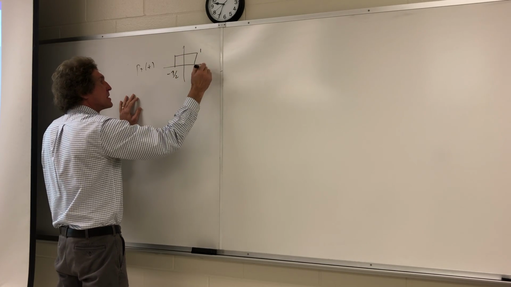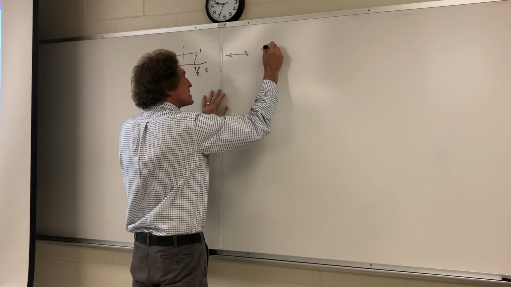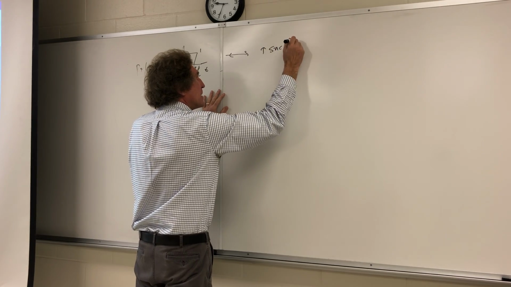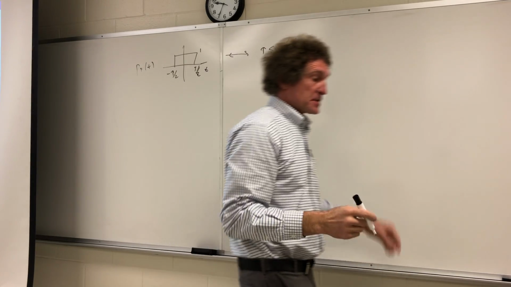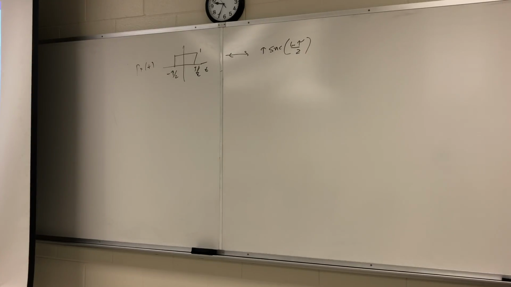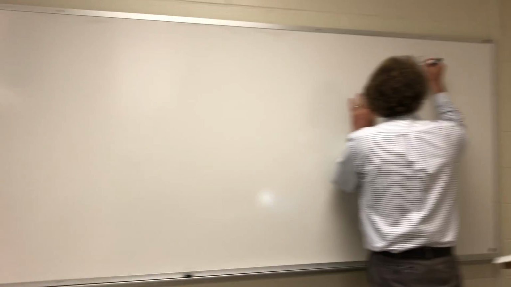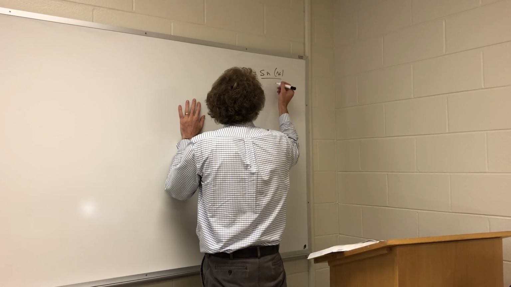It has a height of 1. This is in the time domain. The transform of that is tau times the sinc of omega tau over 2. Now I'm using the definition of sinc that he doesn't use, but we will make it work. The definition I'm using for the sinc function, sinc of x, is sine x over x.